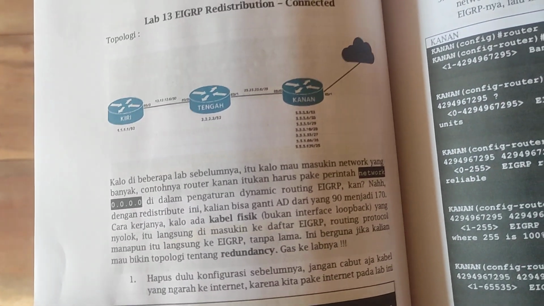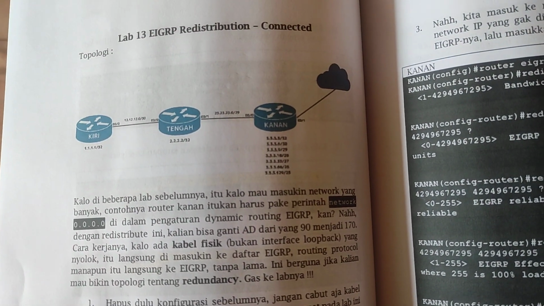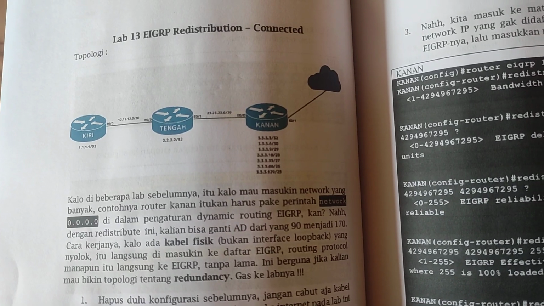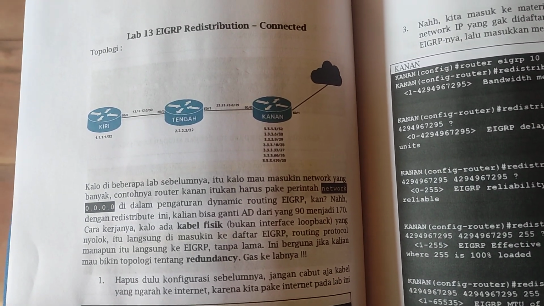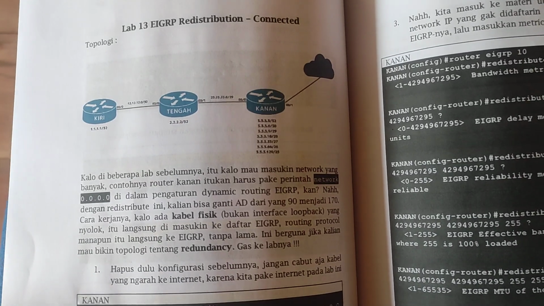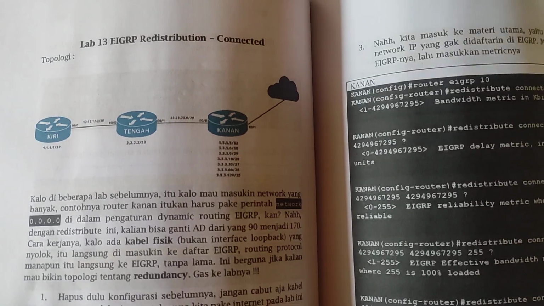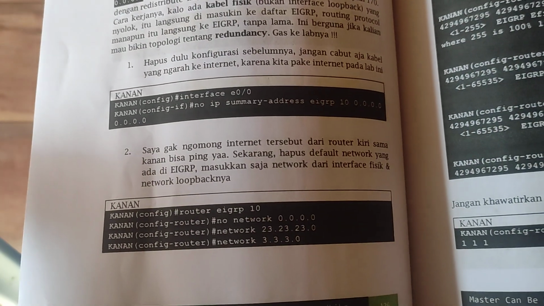The router will take all networks from its directly connected interfaces that are not already made by the network command in EIGRP and advertise them into the EIGRP process. Yeah, and then I will show you this configuration.